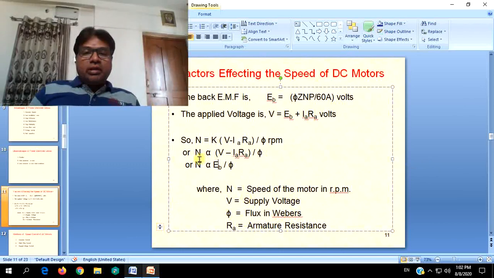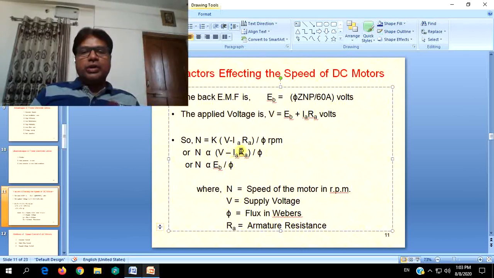So depending on this equation, N, speed of the motor, is mainly dependent on V, that is supply voltage, and phi, that is the flux of the field, and RA, armature resistance, and IA, or the voltage drop across the armature.